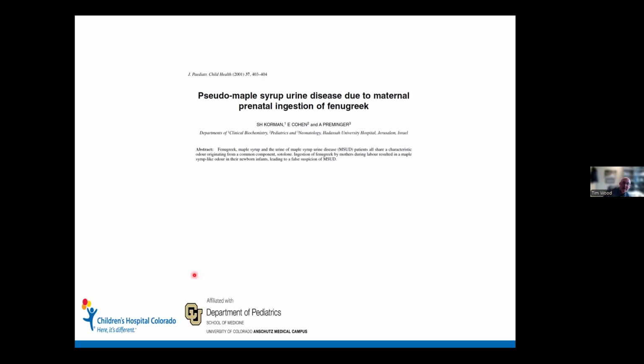When we think about the odor, one of the things I like about this paper and a related paper is that it talks about the component of what that smell is, and one of the related papers explains how maple syrup and MSUD have this common metabolite. So for those of you that are foodies, that might be something that you're interested in.